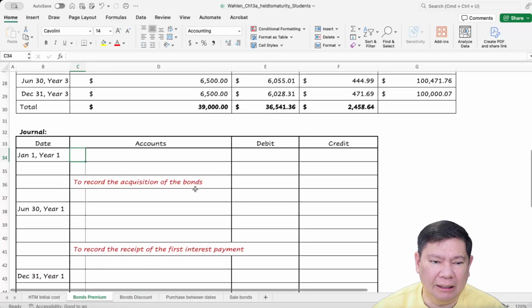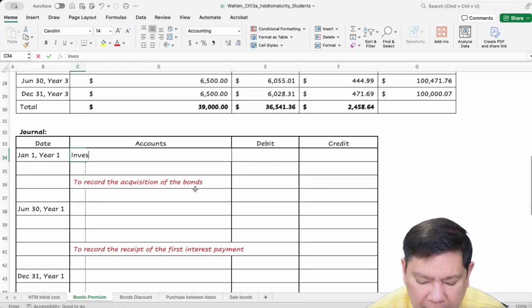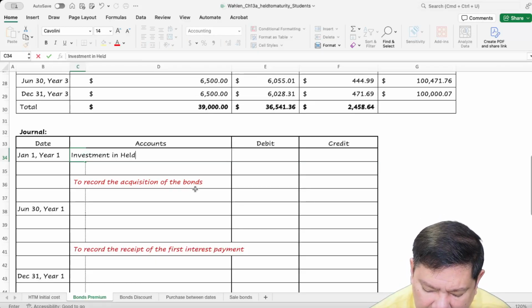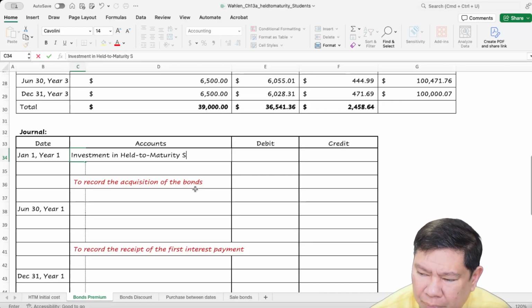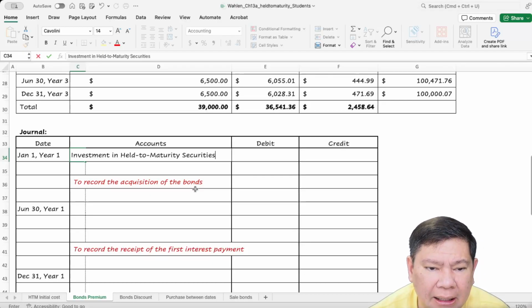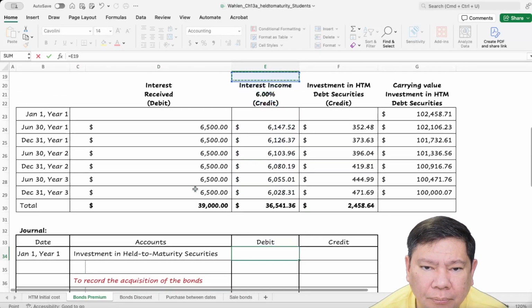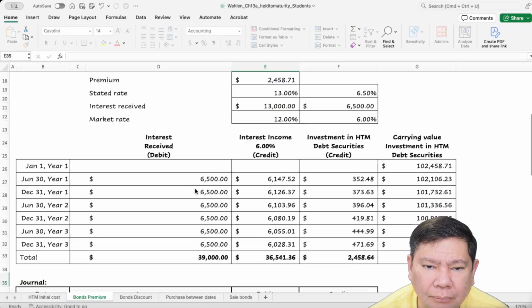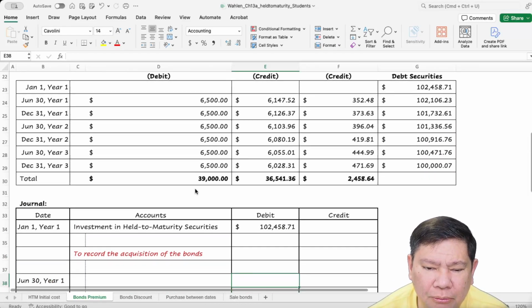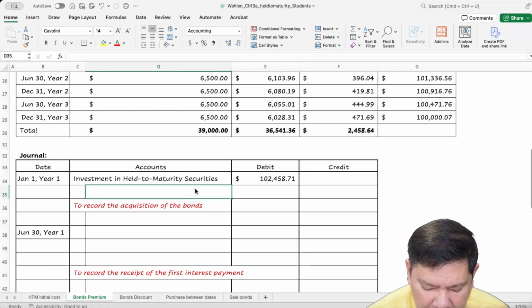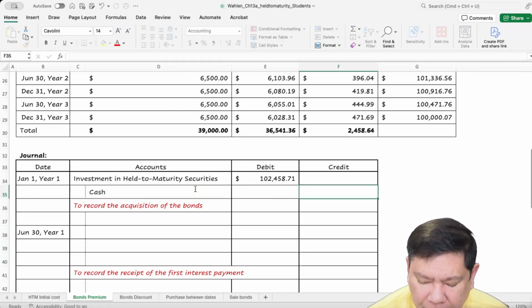So we debit investment in held to maturity securities for that amount, 102,458.71, and we pay cash.